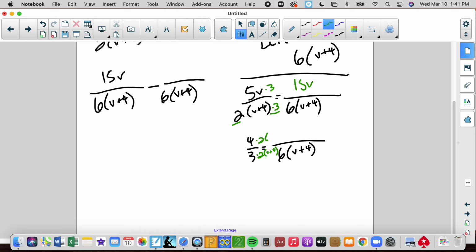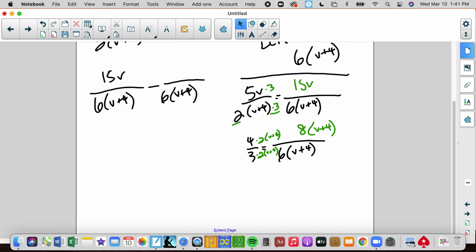So it's times 2 times the quantity v plus 4, which equals 8 times v plus 4. You have to multiply these two, 4 times 2. You're not going to double distribute the 4 and then the 2. You just do 8. So this becomes 8 times the quantity v plus 4.